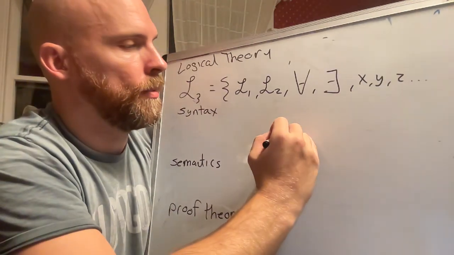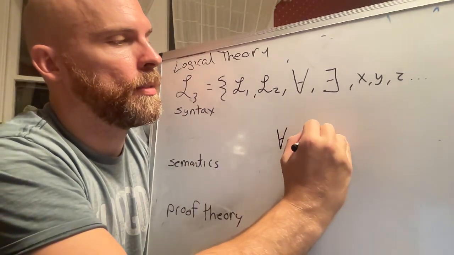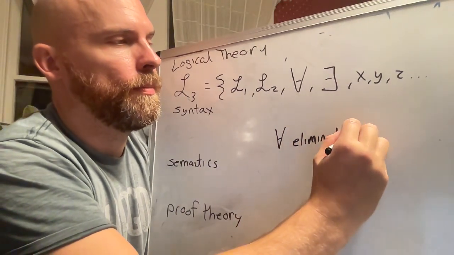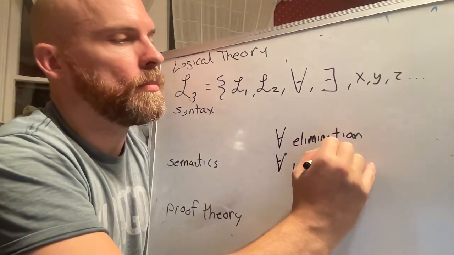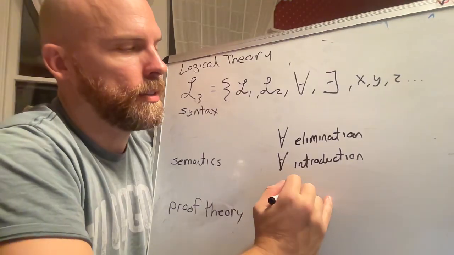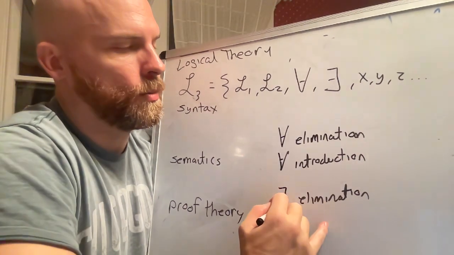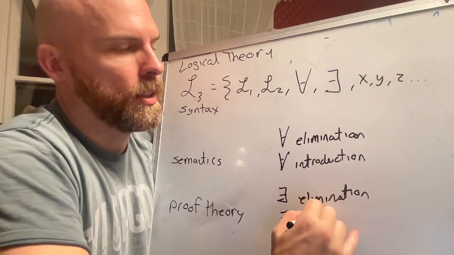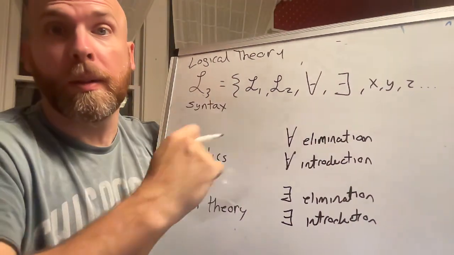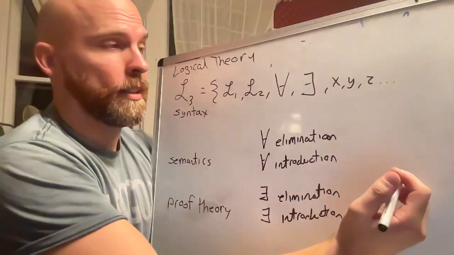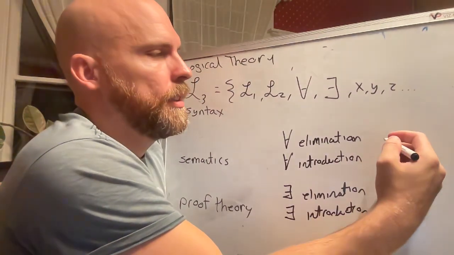So we have universal elimination, universal introduction, existential elimination, as well as existential introduction. So intro, outro. If we get somewhere, we want to be able to get out of it. Two of these are easy, two of them are less so.